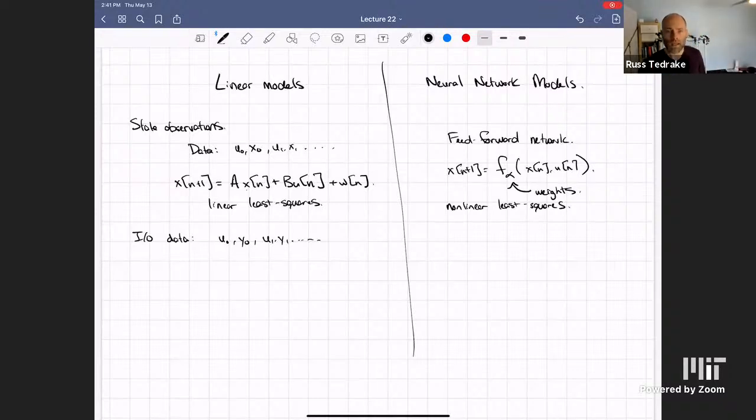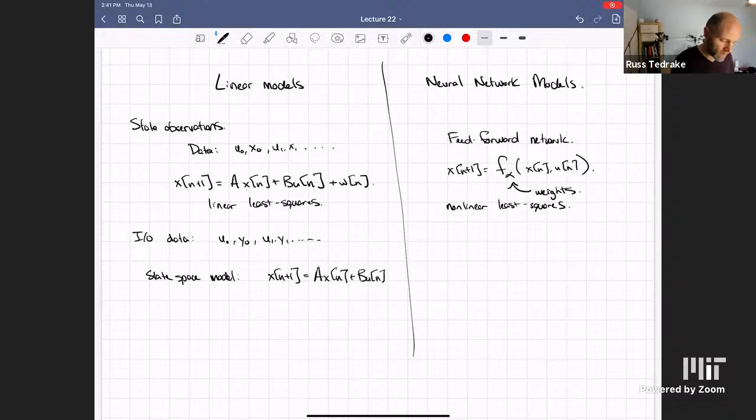Now, there's a couple types of models you can learn with this. In the linear dynamical systems case, we talk about a state space model, which is the natural extension from what we did before, where we're still going to try to find some X, even though it's not available directly in the data. We're going to try to recover some X so that we can fit a model that we know and love, possibly plus some measurement noise too.